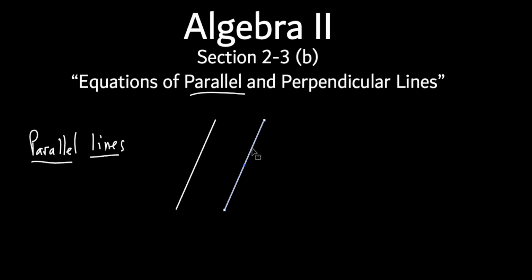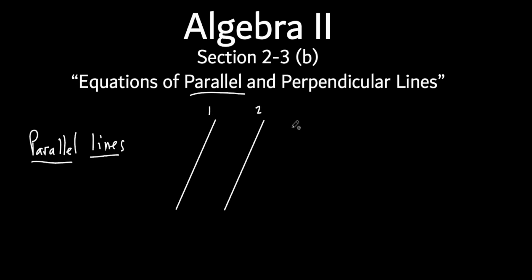But what we're concerned about today is that they have the same slope, which makes things kind of nice. So let's do an example. After example 4, we'll go back and talk about perpendicular lines and what the relationship is between them. But with parallel lines, they have the same slope.